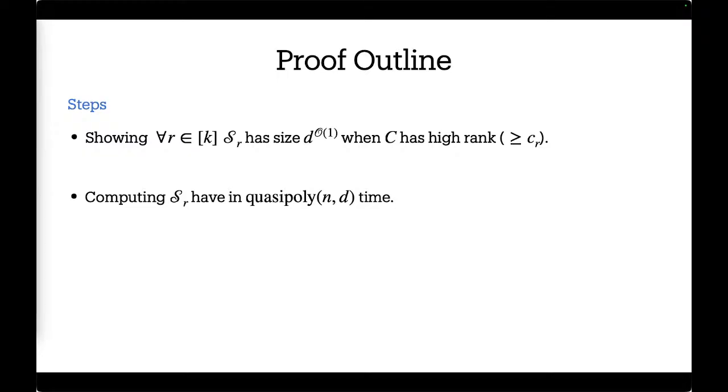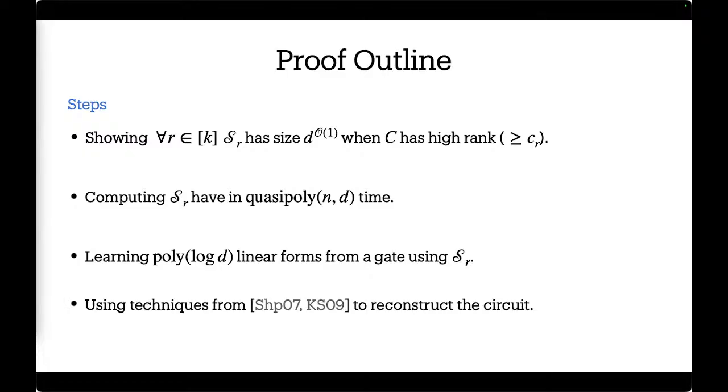Not only that it is poly in size, we give a way to compute it efficiently, and then we use these spaces to learn some polylog D independent linear forms from one of the gates, and then once we have done that, you can learn the entire circuit using the techniques that we just discussed from Shpilka and Karnin-Shpilka. So yeah, that is the main outline of our algorithm.